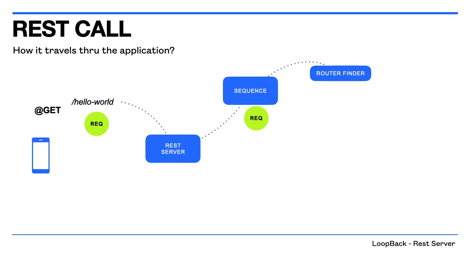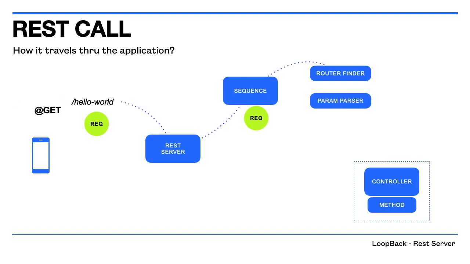So it goes, of course, into the central registry and tries to find the controller and its methods, and it finds one. Okay, then it tries to parse the parameters. The parameters are going to be parsed automatically for us, and they can be in the path, in the query, or in the body in this case, and then it will invoke the method. All these steps are going to be executed in a sequential way as a unit, a unit that is called the sequence. So the sequence, remember a couple of slides before we saw that we injected into the context, or registered into the context, a sequence file.